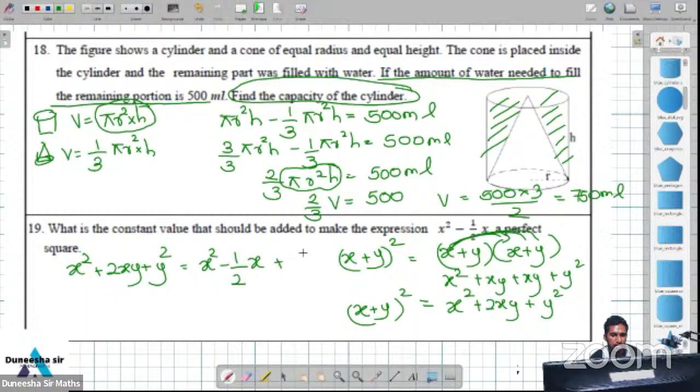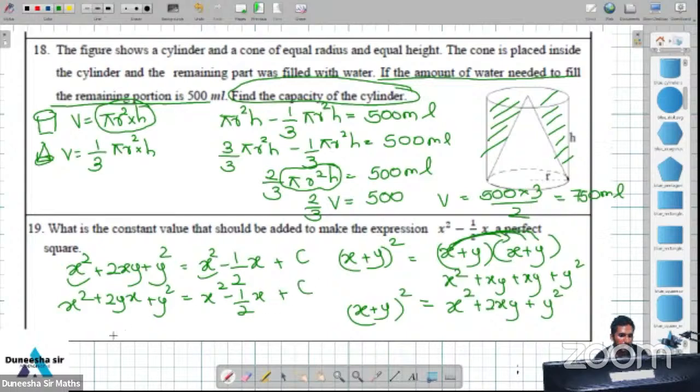The constant we can take as c. බලන්න, x වගේ x තියෙනවා නේද? Then y වගේ තියෙන්නේ මොකද්ද? 2y x තියෙනවා. Minus half x plus c.